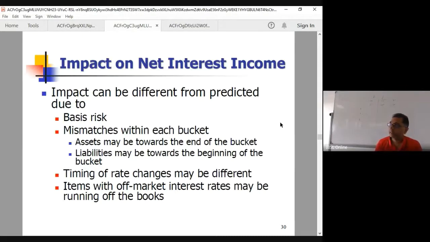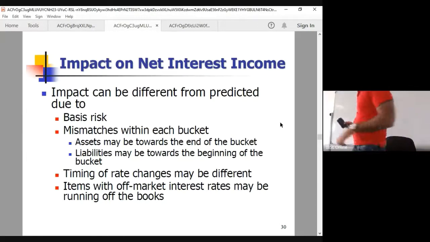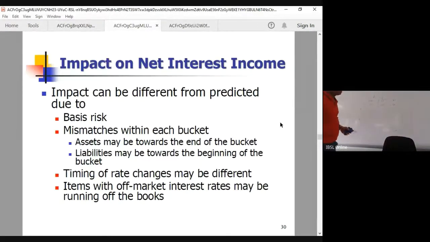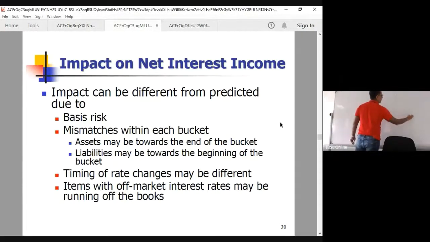And like I mentioned the other day, there is also the shape of the interest rate curve that you have. When you say interest rate shape, we're talking about whether it is a sloping interest rate curve or otherwise. You have different shapes. This is the normal interest rate curve, and there could be an inversion here, or it could be like this. This is a downward sloping one, but it could be more like this.